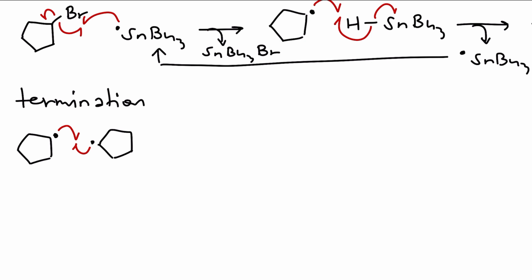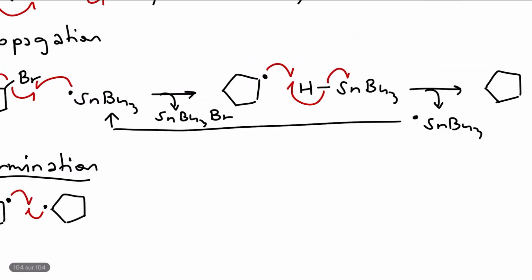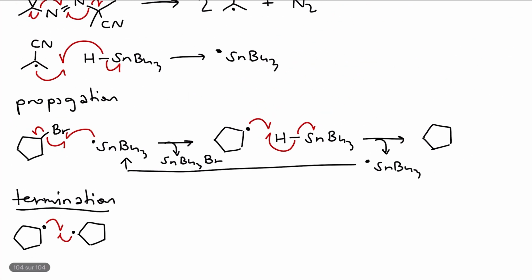But the termination step is not really that important to us, because the step that is important to us is the propagation step, because this is how you get your final product, and this is how you continue your reaction by generating a radical which can be recycled again, right?